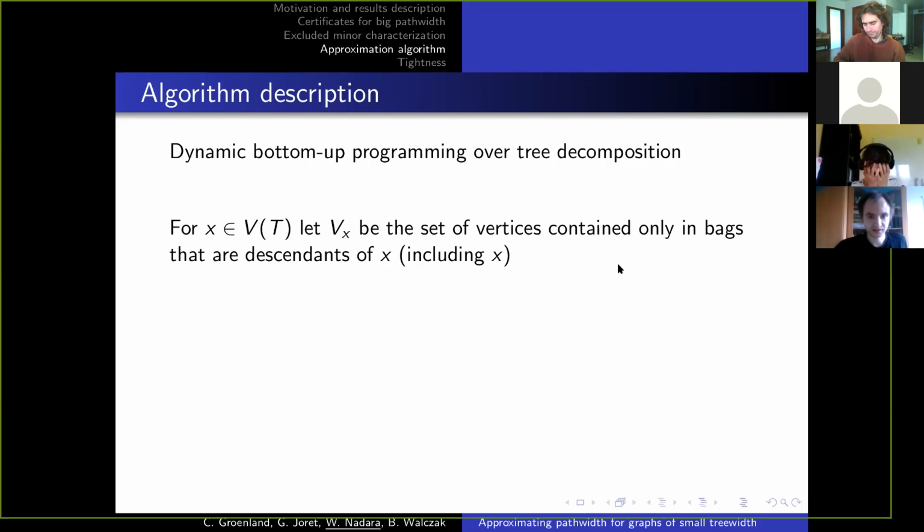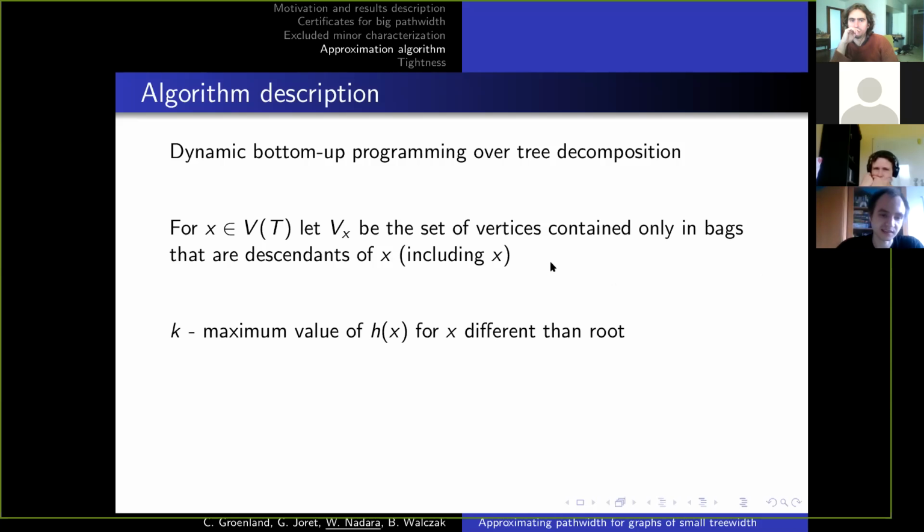A few definitions. For x, which is a node of the tree decomposition, let Vx be the set of vertices contained only in bags that are descendants of x. Relating that to what we have discussed earlier, it's like the set of vertices, let's say G_x minus the adhesion of x and the parent of x.